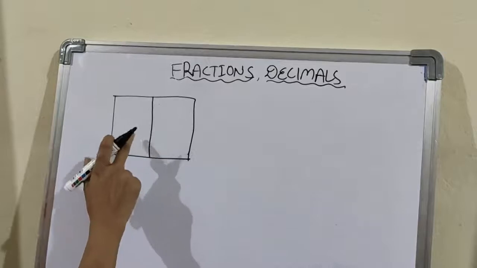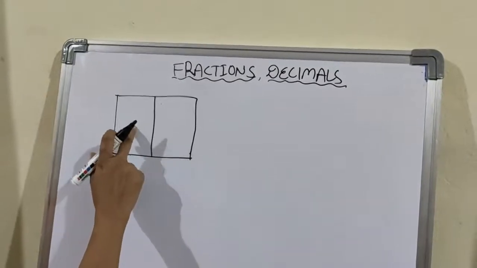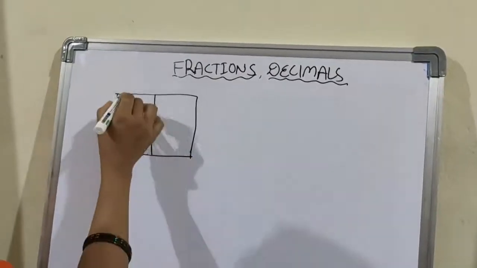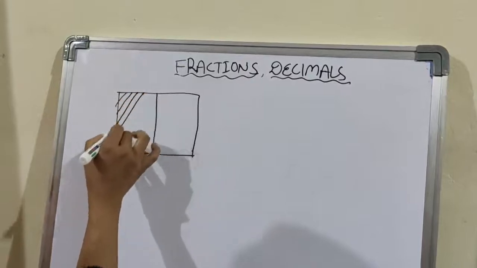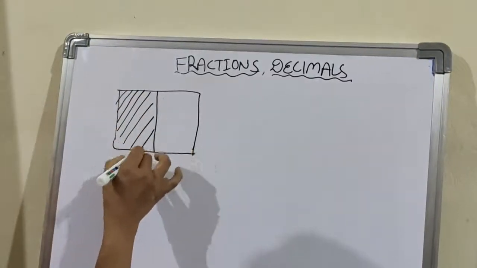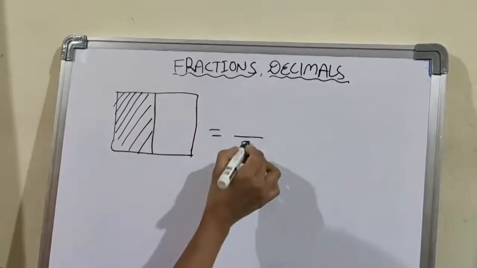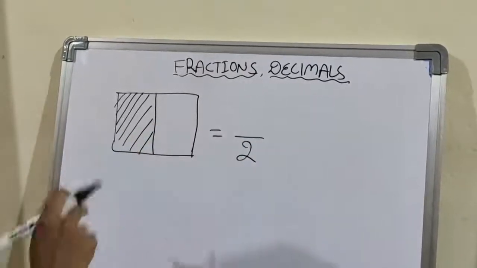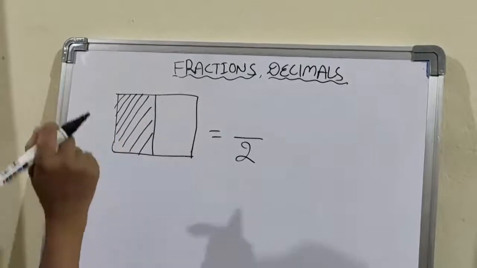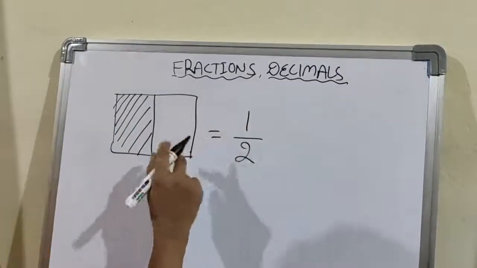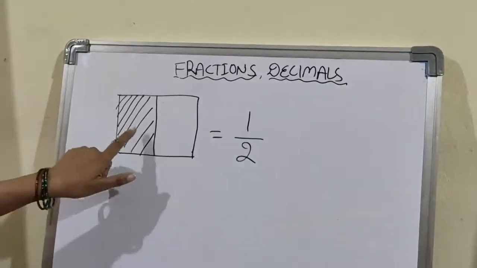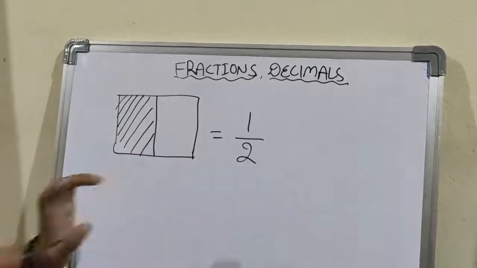This line divided the square into 2 parts, 1, 2. One part is shaded. Total parts are 2. How many parts are shaded? One part is shaded. So it is represented as 1 by 2.